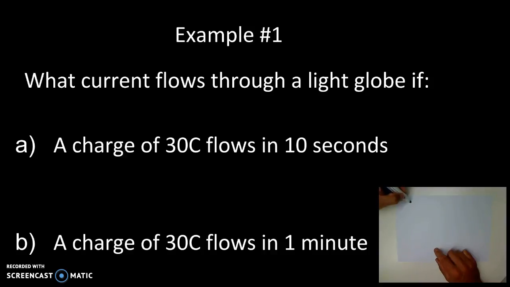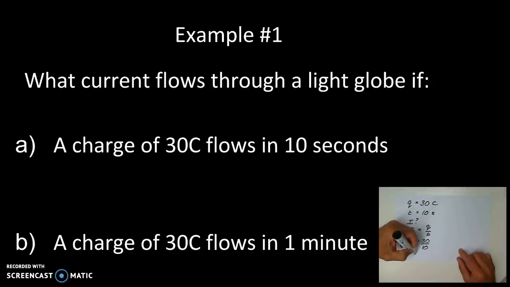The charge is 30 coulombs and it flows in t equals 10 seconds, and we want to find the current. We use our formula, current equals charge over time, and substitute in our values: 30 coulombs over 10 seconds, which equals 3 amperes.